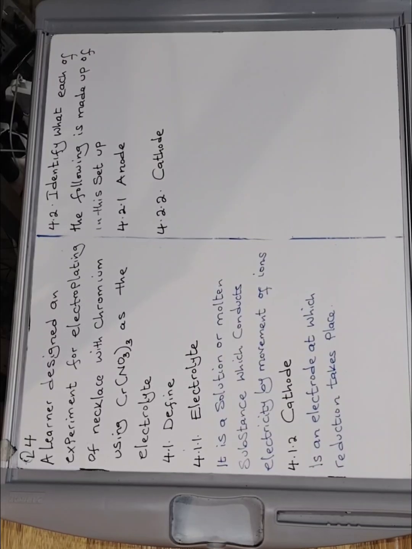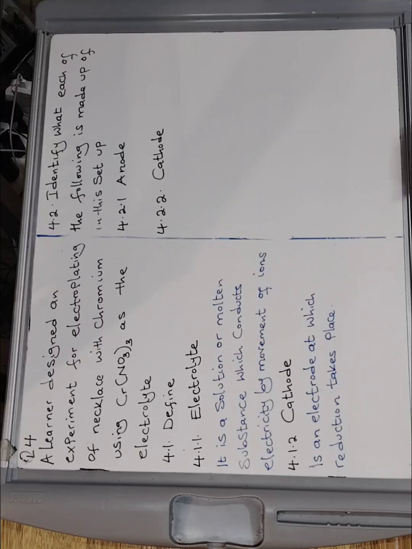Okay, then comes this question. It says, identify what each of the following is made up of in this setup: 1, anode, and 2, cathode. So to answer this question, let us go through this journey.